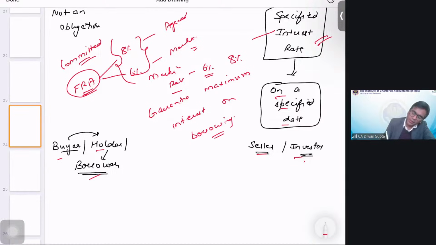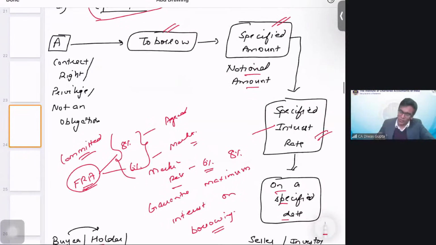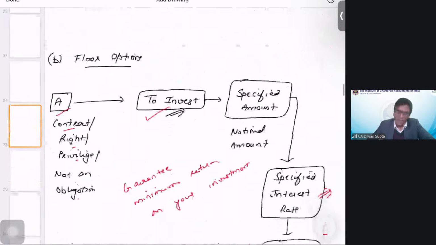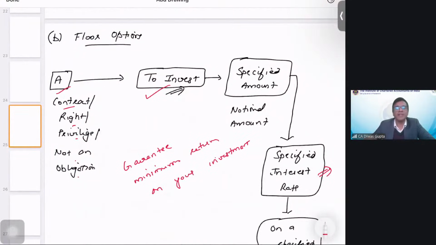Because as a borrower, you will want the maximum amount that we are going to pay to be fixed, which is happening through this cap option. So if you see, cap means they're putting a cap to it, that this is the maximum amount of interest that you need to pay. Similarly, floor option is the one where you are giving a guarantee of the minimum return on your investment, right?